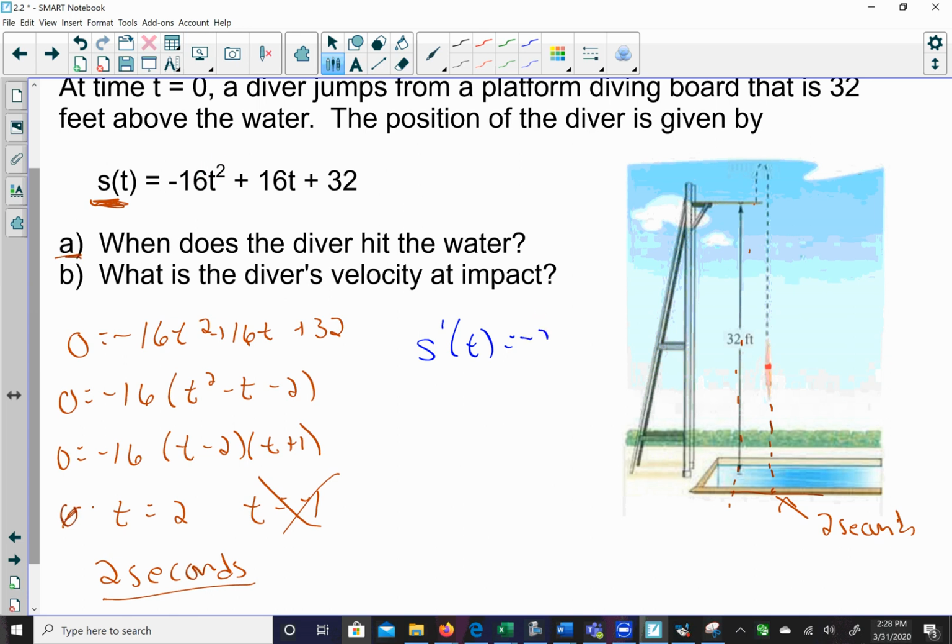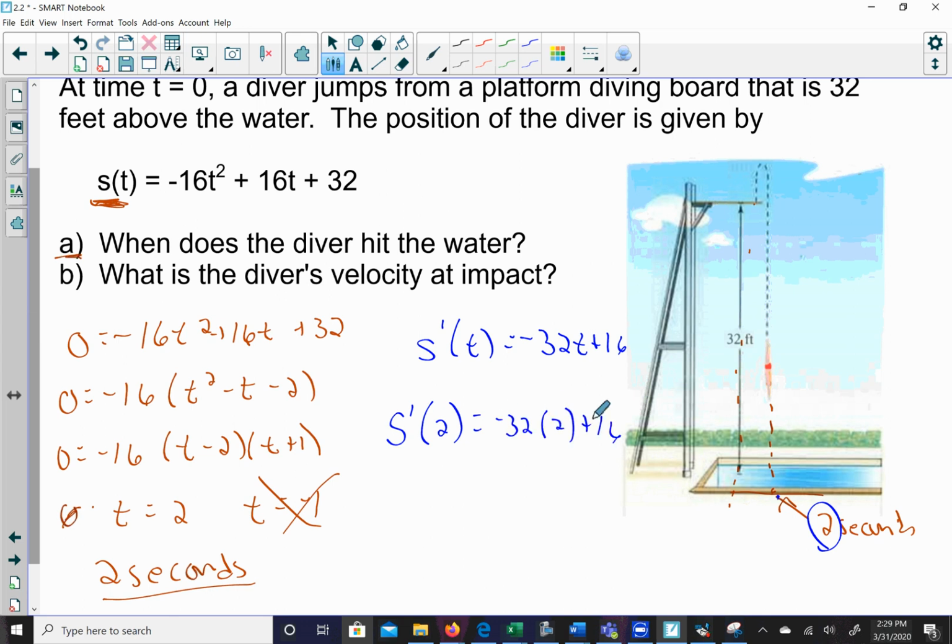This will be negative 32t, and then plus 16. That's my derivative. I want to find the velocity when I hit the ground. So that's going to be at 2 seconds. So I'm going to put in 2 here: negative 32 times 2 plus 16.